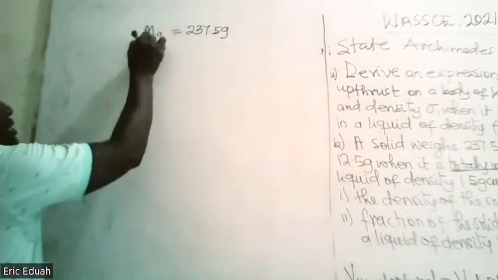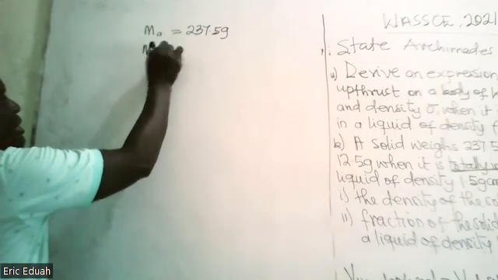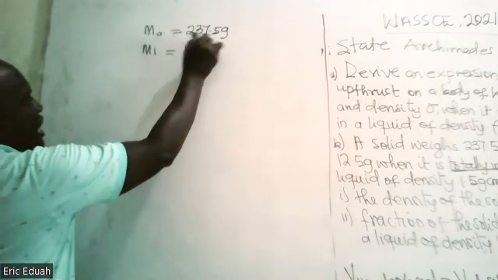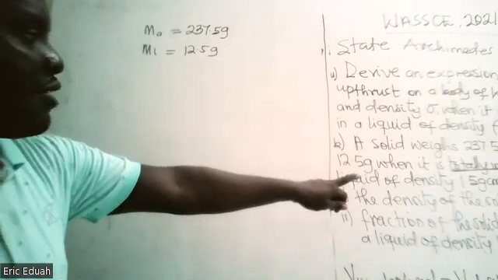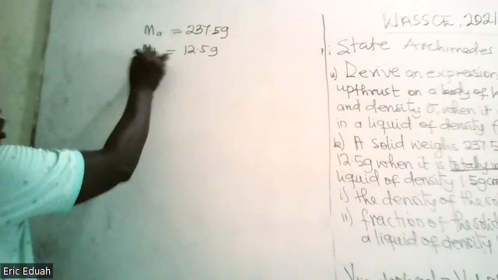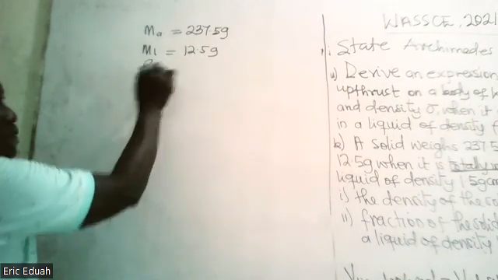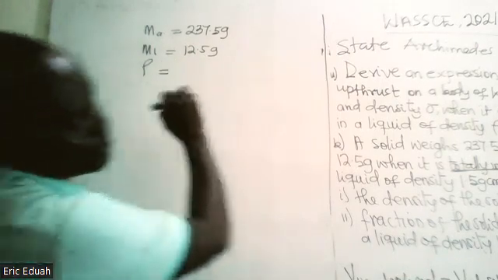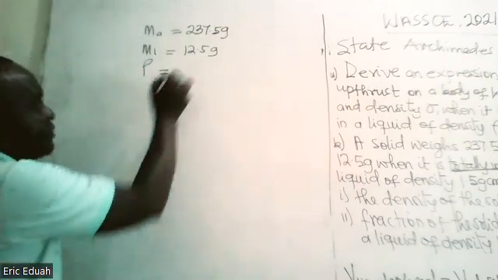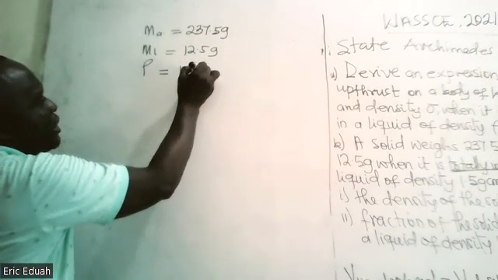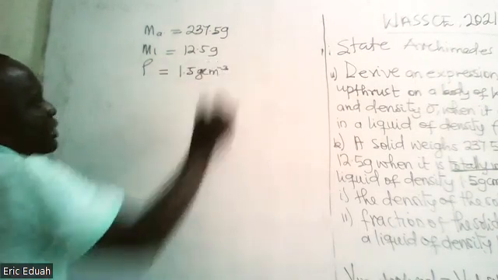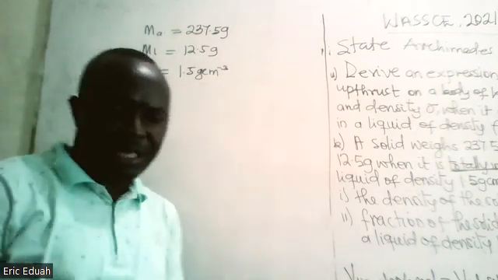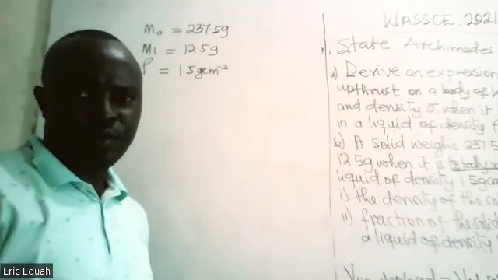We have the mass in liquid, which is 12.5 grams. We also have the density of the liquid, rho of the liquid, which is 1.5 grams per cm cube. So this value should inform us what to do.